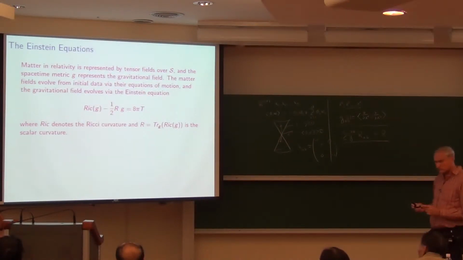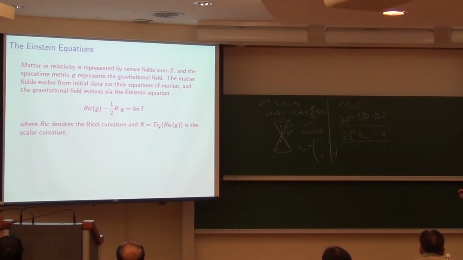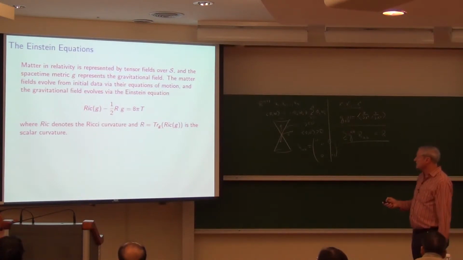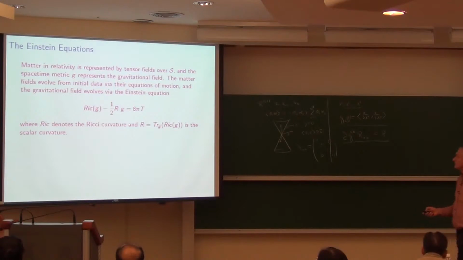And there's a prescription for calculating it, for example, if the matter equations come from a variational principle of a Lagrangian, then there's a prescription for computing the stress energy tensor. But in some cases, calculating it requires a bit of ad hoc physical discussion. But as I say, the specific matter fields won't play a role.